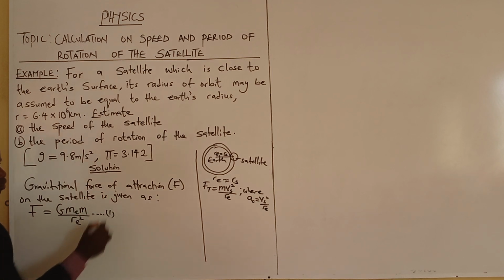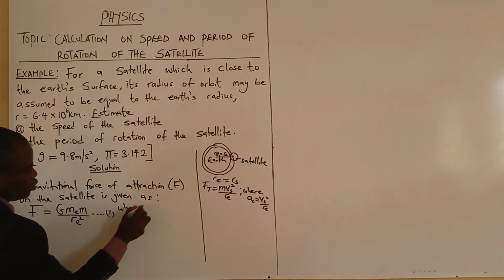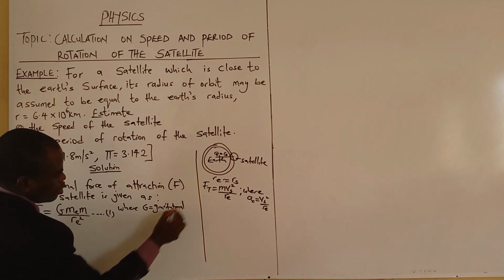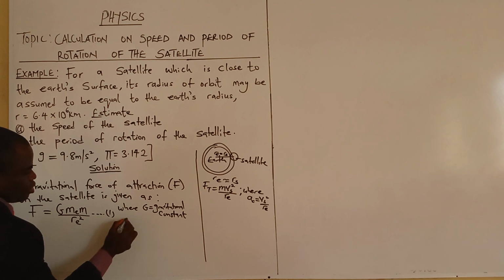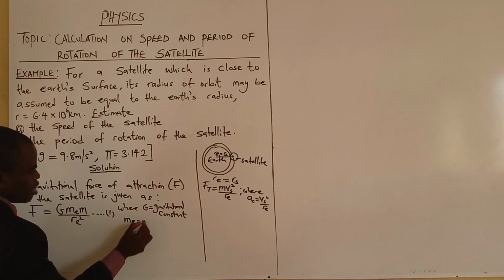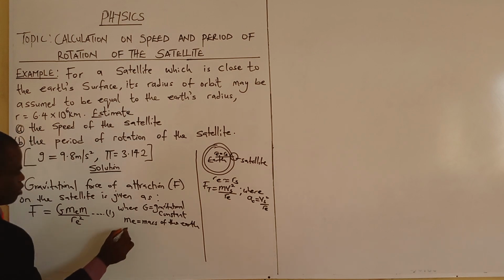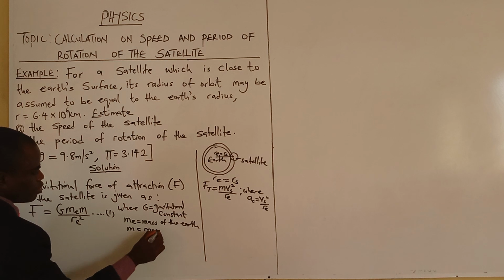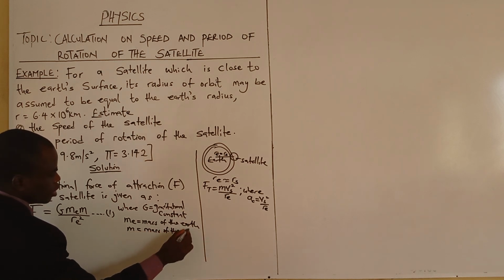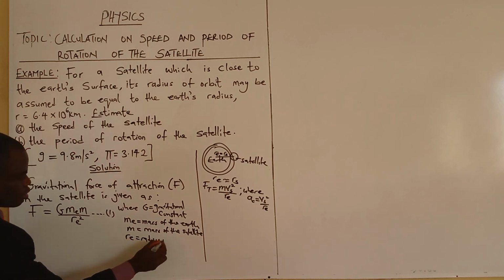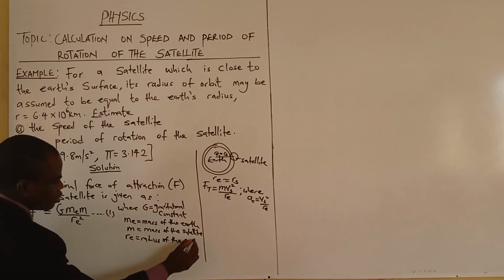Let's call it equation 1, where G equals the gravitational constant, ME equals the mass of the Earth, m equals the mass of the satellite, and RE equals the radius of the Earth.